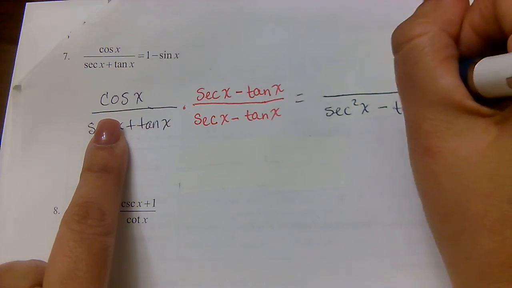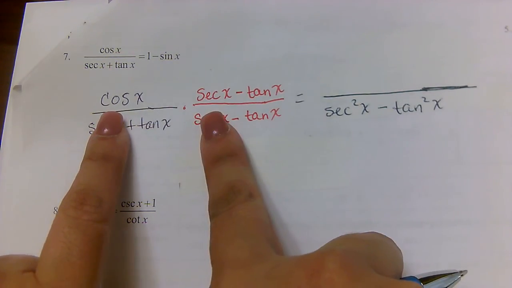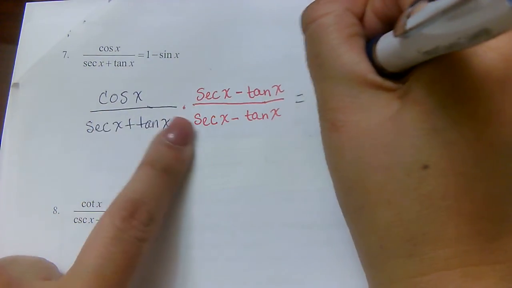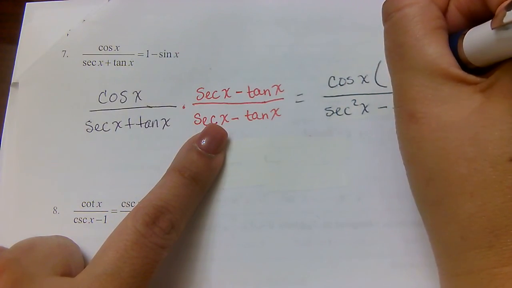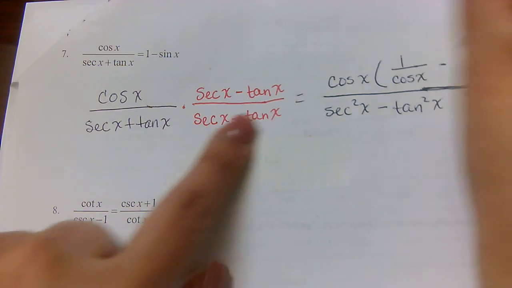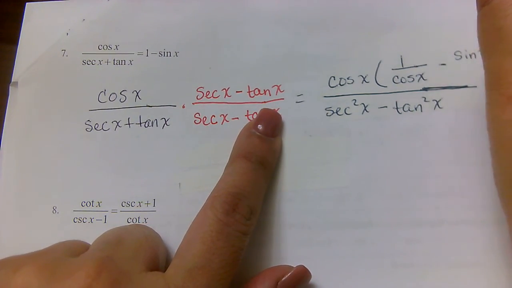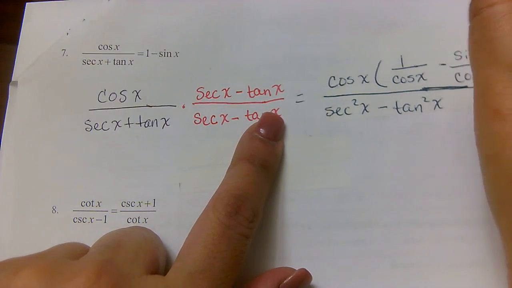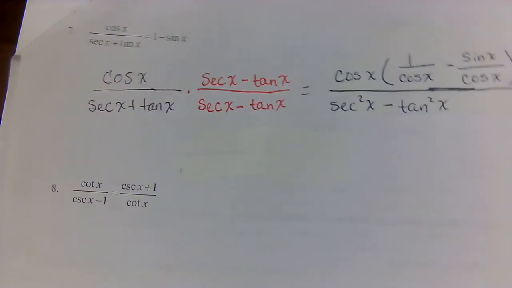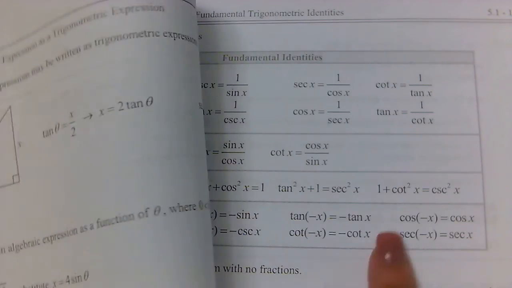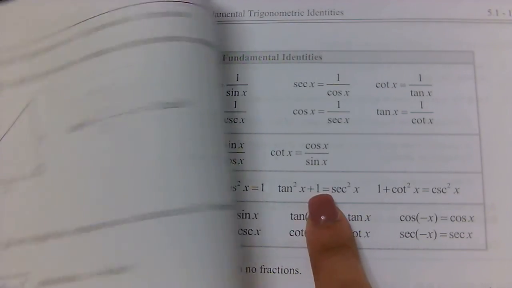In the numerator, I'm going to write this out: cosine x times 1 over cosine x minus tangent, which is sine x over cosine x. If you remember, secant squared minus tangent squared, if you go back over here, is equal to 1.